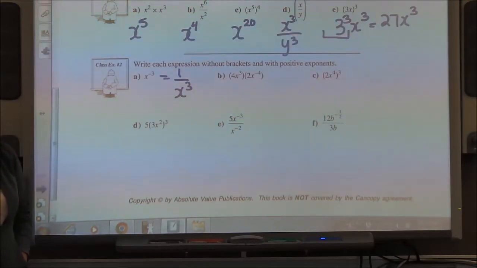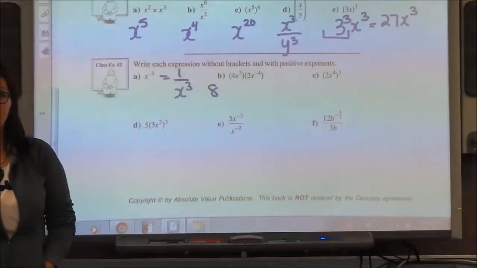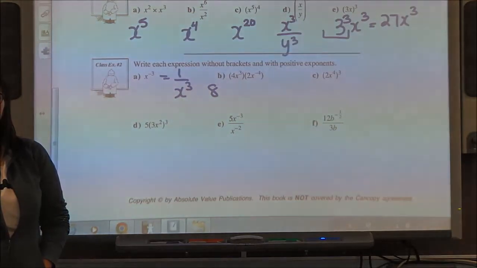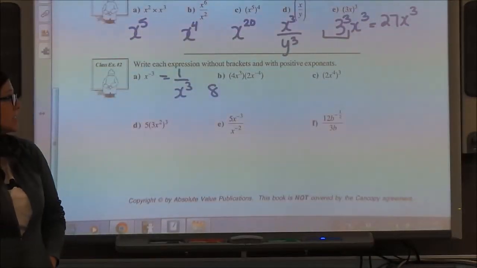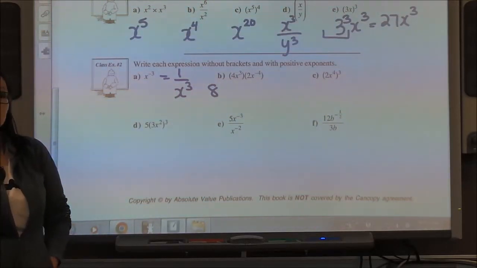Multiplication. So if I multiply them, Pearl? 8. What's being done with the exponents? They're being added. So when I add them together, Carcy? -1. Okay.